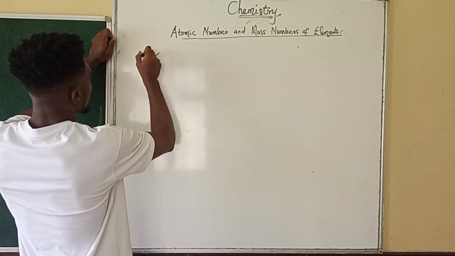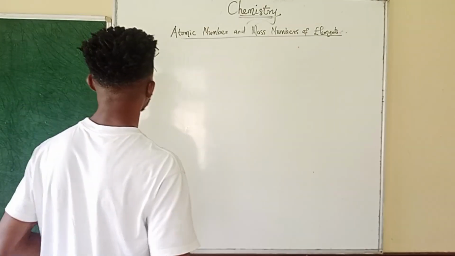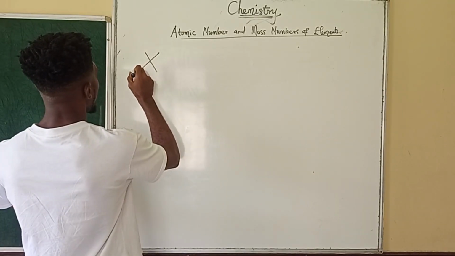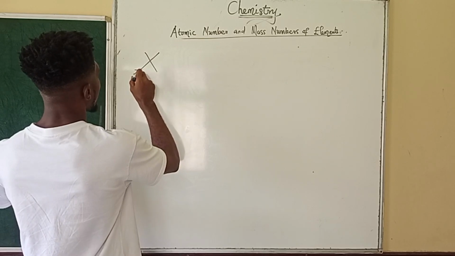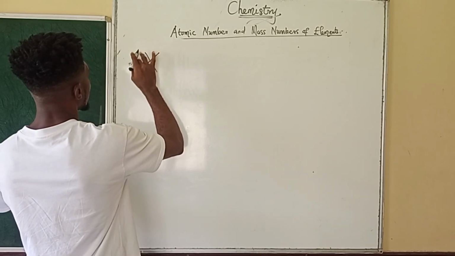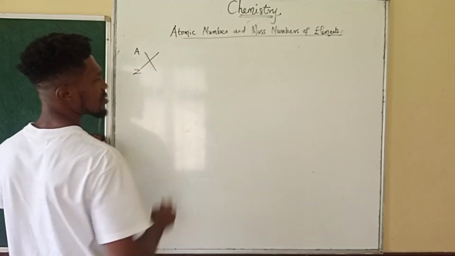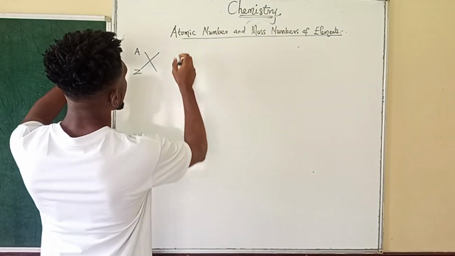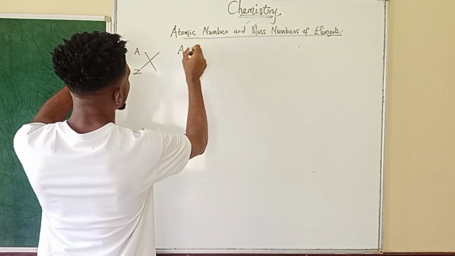So this is a presentation of an atom, or let's say element, and what we have here is atomic number and here our atomic mass. Let me label it.